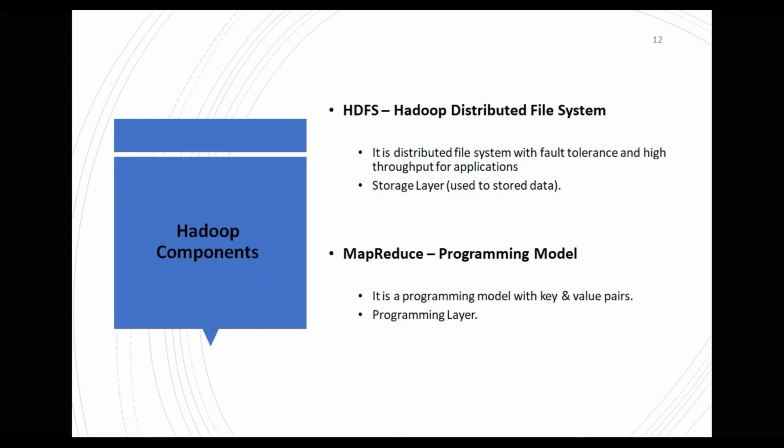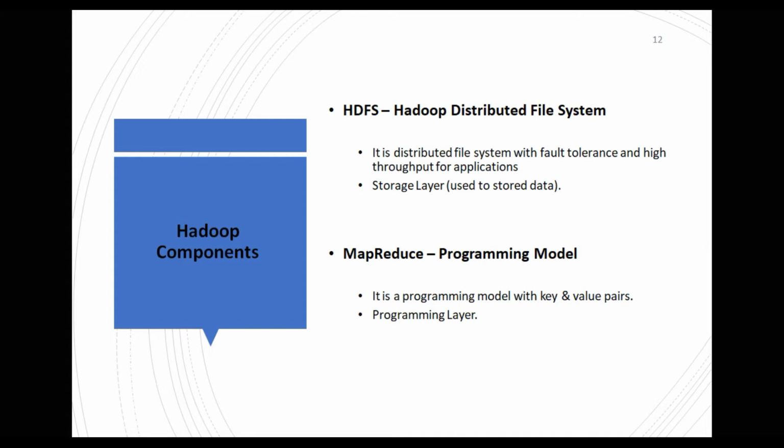So Hadoop components. What are the main components? There are two main components in Hadoop. One is HDFS, another one is MapReduce. HDFS is the Hadoop distributed file system, and MapReduce is a programming model. HDFS is a distributed file system with fault tolerance and high throughput for applications.